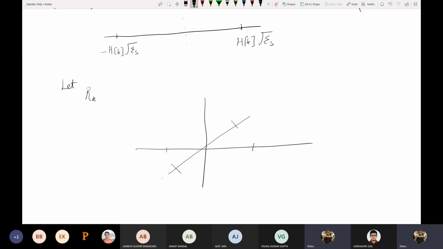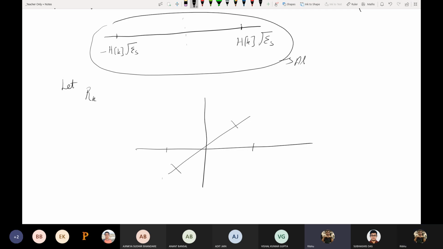You can always align the axis of decision with hk and reduce it to this. So this is the aligned axis, you can say.